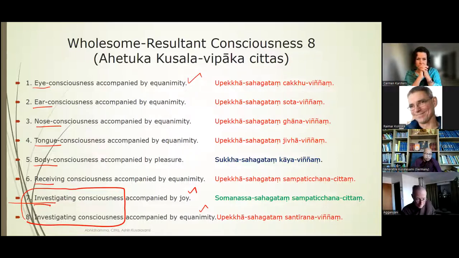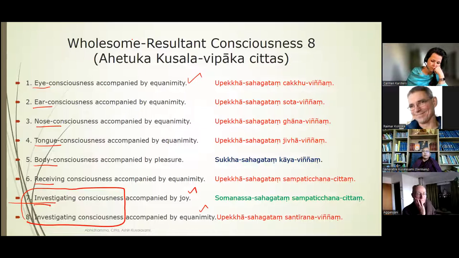What I mean is, if you see a pleasant and desirable object, this is called eye consciousness accompanied by equanimity. If you hear pleasant and desirable sounds, it is also because of wholesome consciousness, which you haven't learned yet. You will learn later. All these 8 are connected with the itthārammaṇa, the pleasant and desirable object.